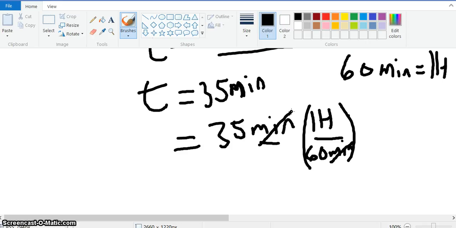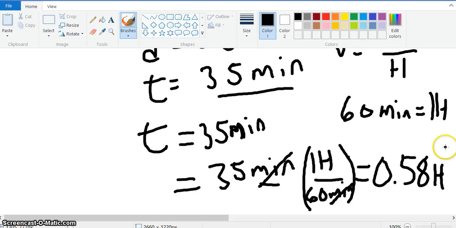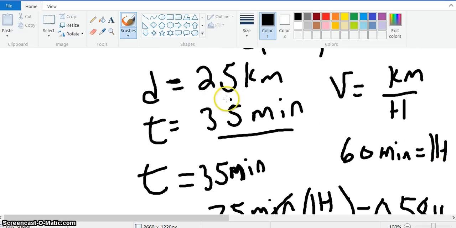So 35 divided by 60 is 0.58, let's say. It's like 0.58 and a repeating 3. So 0.58 hours. Now we're actually ready to do the problem, because we have the units of time in the correct unit.